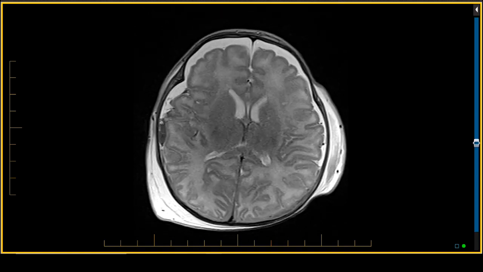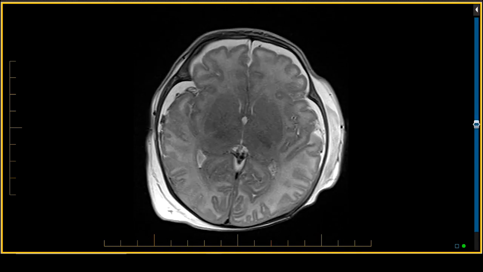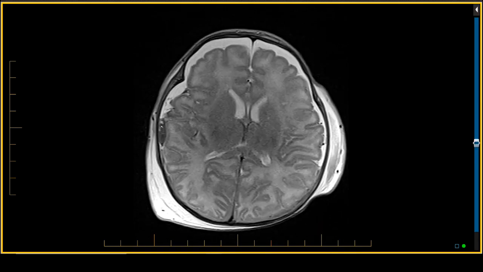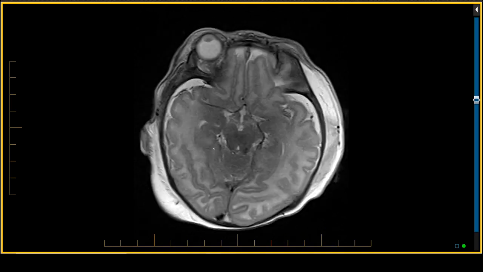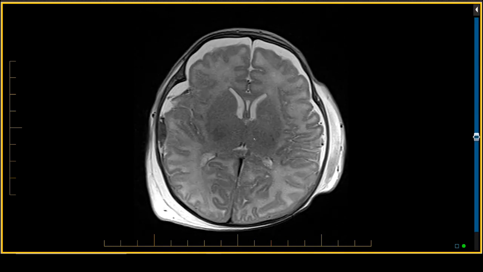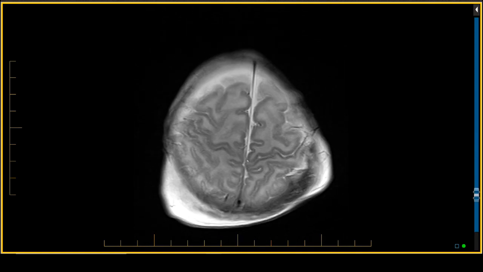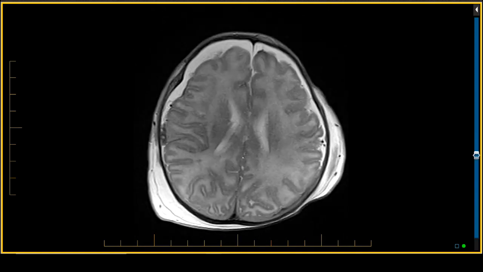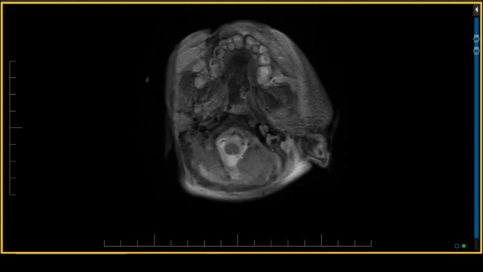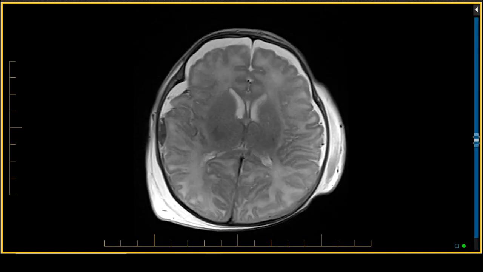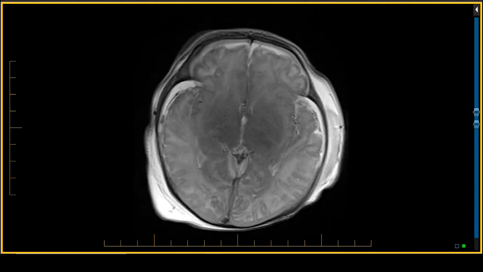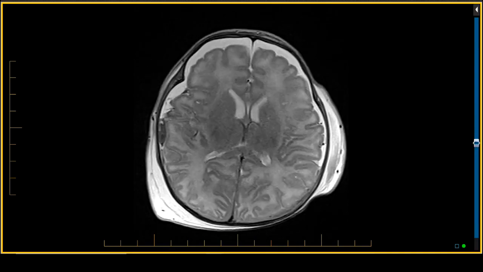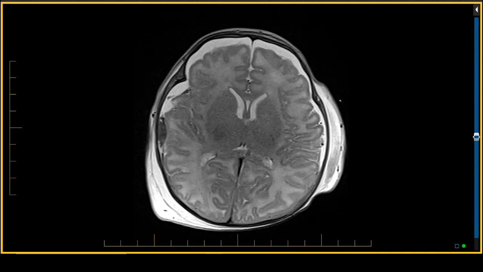We continue to see the hemorrhagic collection in the right temporal region as well, and it doesn't look like there's very much in the way of midline shift. The patient is doing much worse than one would expect, however, from this degree of imaging findings on the T2 weighted scan.